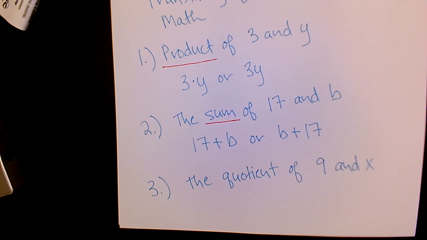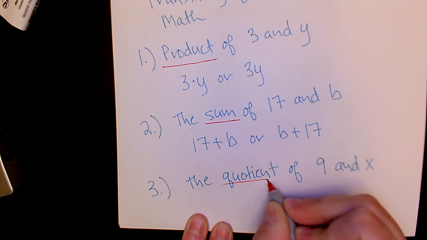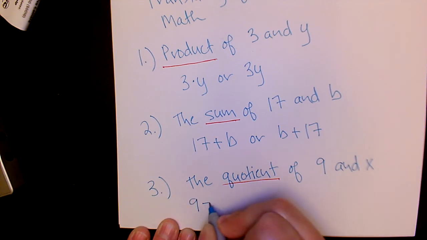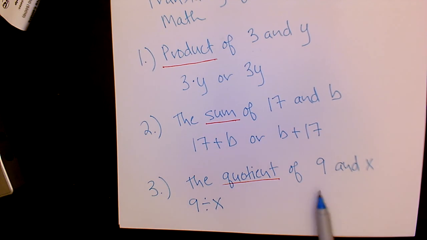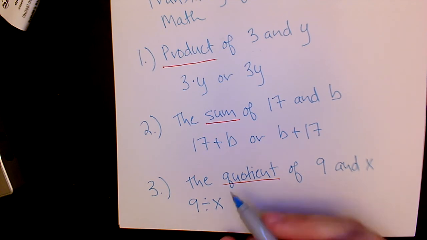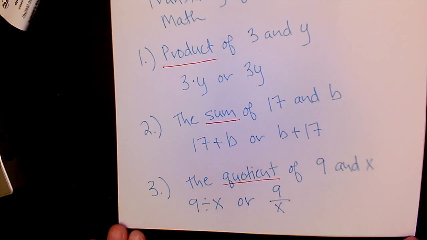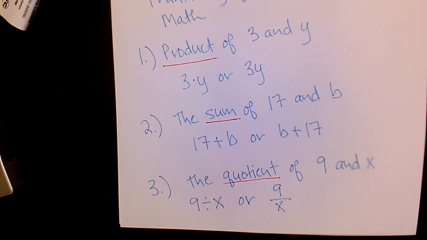What is my key word? Quotient. What does that mean? It means to divide. So the quotient of 9 and x, we can write it a couple different ways. We're just going to go left to right, so 9 divided by x, or you can put the 9 on top and the x on the bottom. It doesn't matter, it means the same thing.